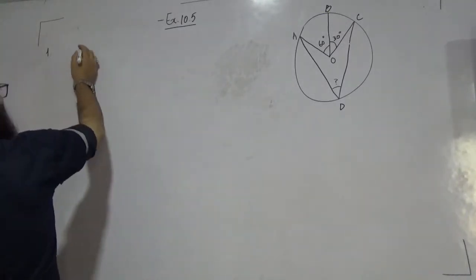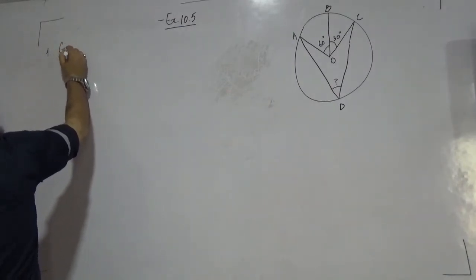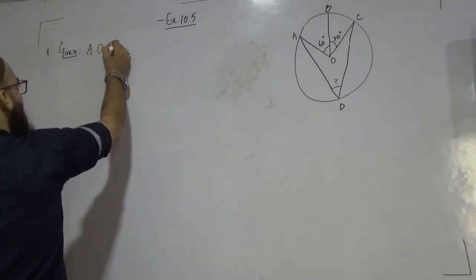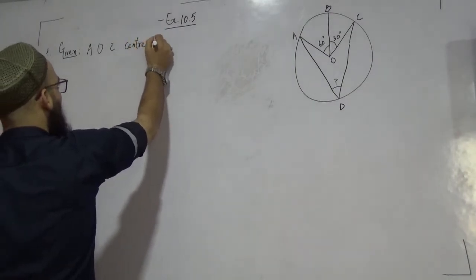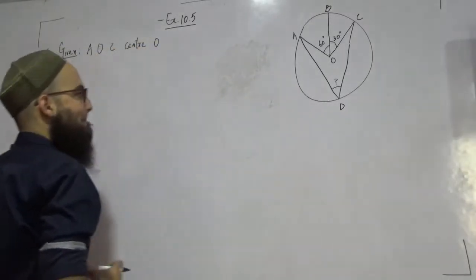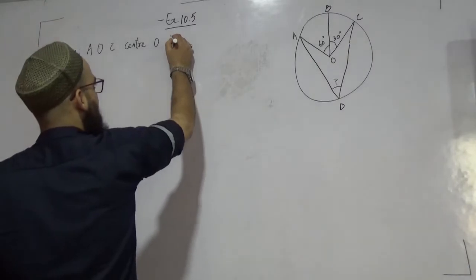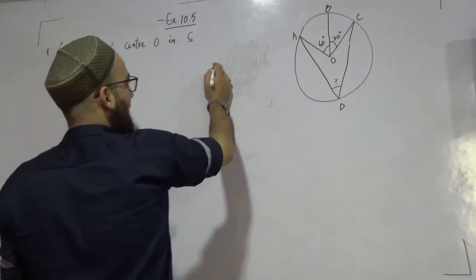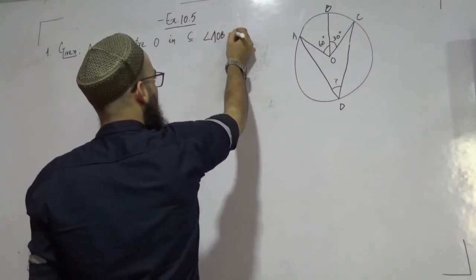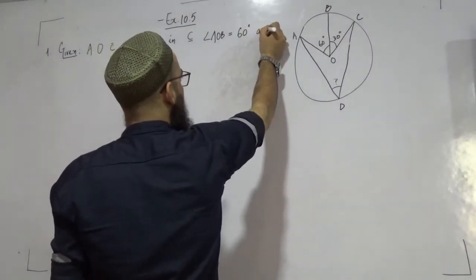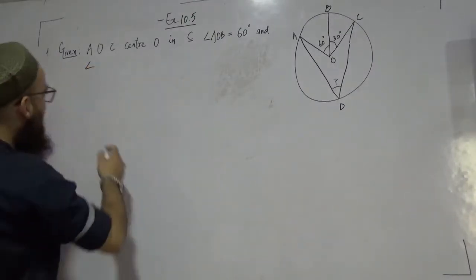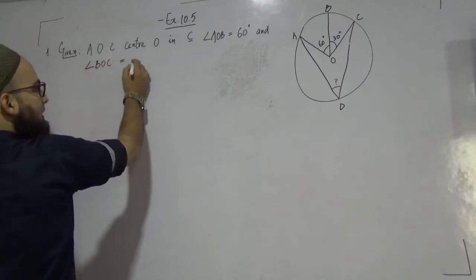Let's see. What is given? A circle with center O, in which angle AOB is equal to 60 degrees and angle BOC is equal to 30 degrees.